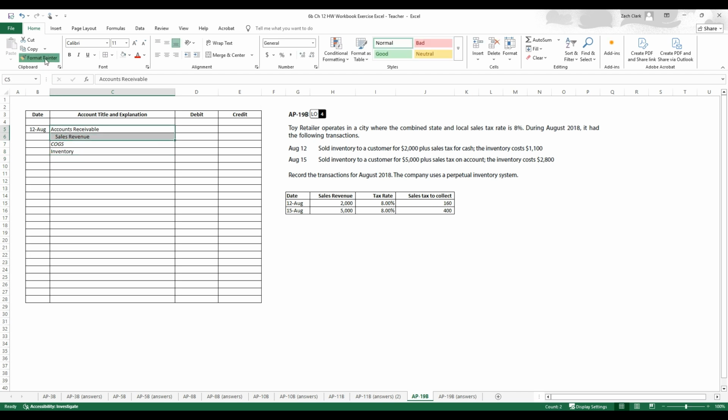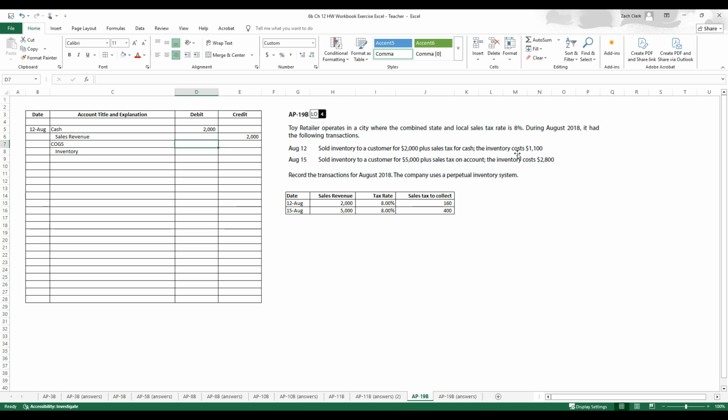Let me format paint these. That would be, if we totally ignored the sales taxes like we did previously, and we were looking at these same transactions, then we would basically record this transaction for $2,000. We're going to receive that $2,000 in the future, or it could be cash too. It doesn't matter if it was AR or cash. We'll use cash just because it's a customer payment in this example. So we were ignoring sales taxes in this example.